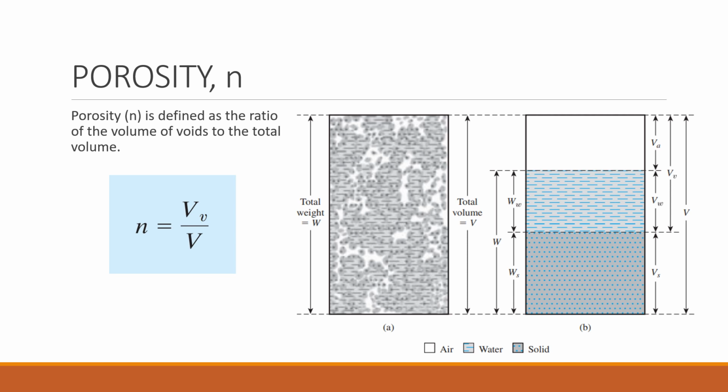So you add those two, and then divide that by the total volume. You will come up with the value of your porosity. So, for example, in a problem where we are asked to solve for the porosity, automatically we will be using this formula, which is equal to the volume of voids over the total volume.